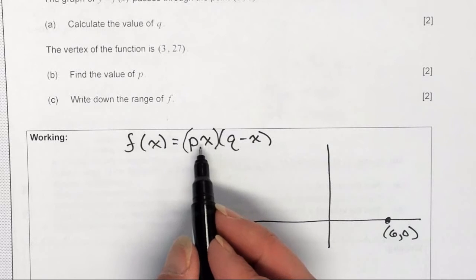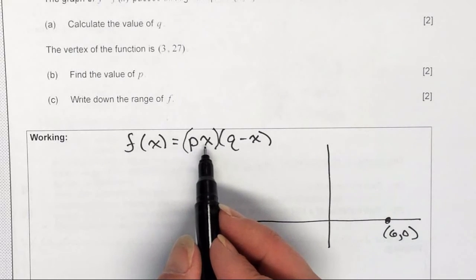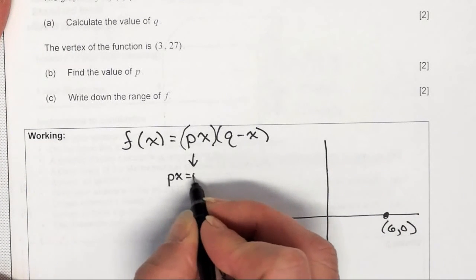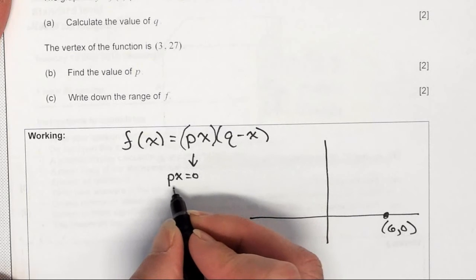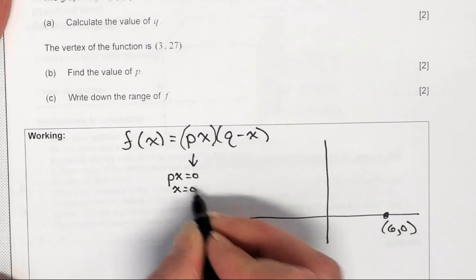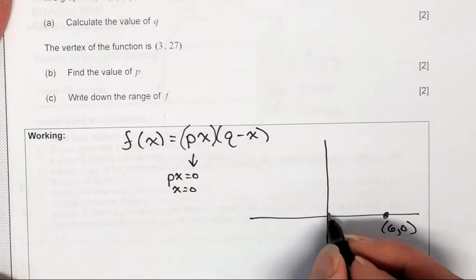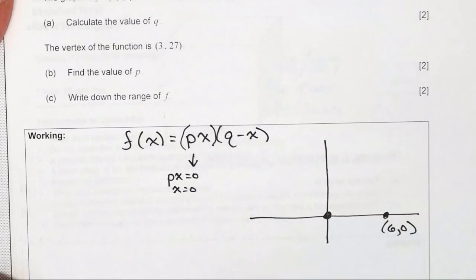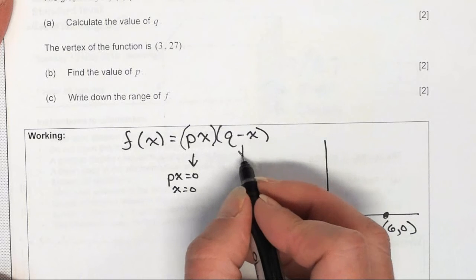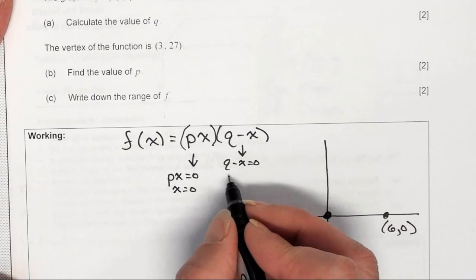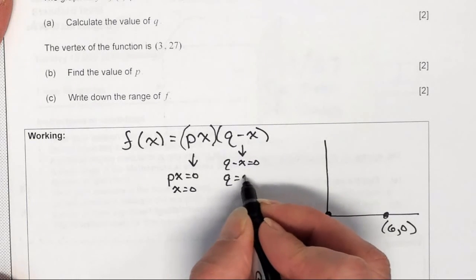You do now. So if I had some number times x, and I set that equal to 0, what's the x-intercept from that factor? Isn't it just 0? Yeah? No, y'all don't remember this? Okay. If I set this one equal to 0, I would get q equals x, right?